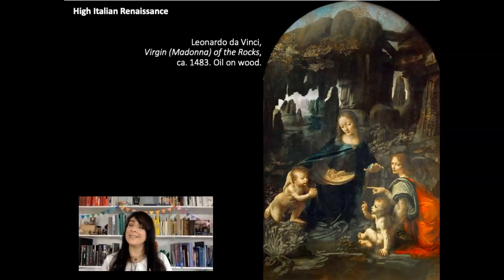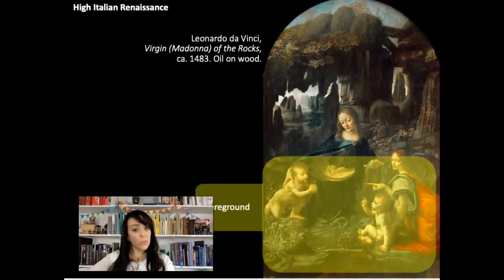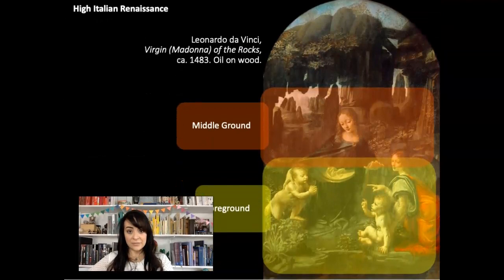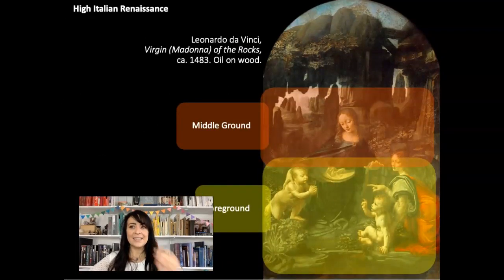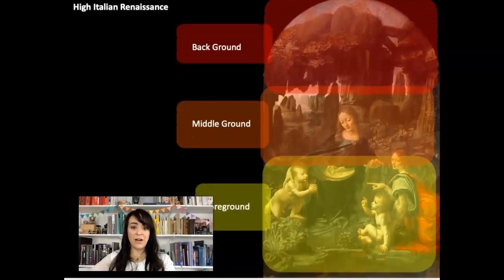What we have is not linear perspective with these clear lines to a horizon and a vanishing point, but what we do have is a clear placement of the figures in the foreground or the front. There is a clear middle ground, clear as in it's not obscured, it's not shortened, it's not hidden. And then there is a background, that far off distance of rocks.